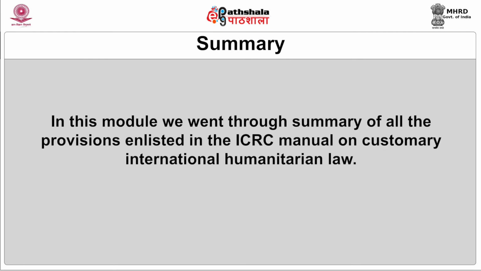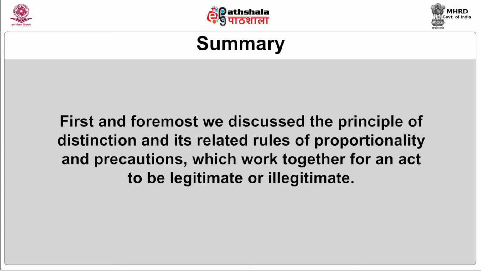Thus, to summarize, in this module, we went through a summary of all the provisions existing in the ICRC manual on customary international humanitarian law. First and foremost, we discussed the principle of distinction and its related rules of proportionality and precautions, which work together for an act to be legitimate or illegitimate.